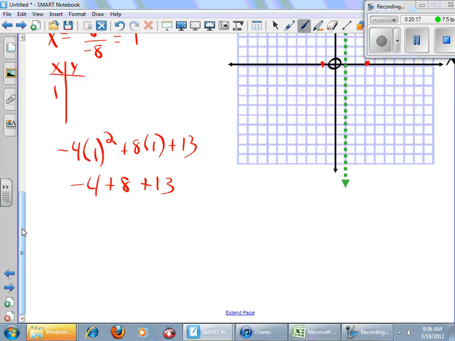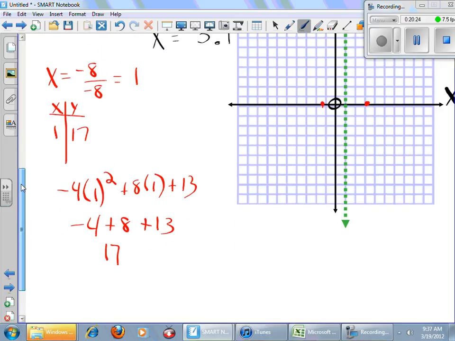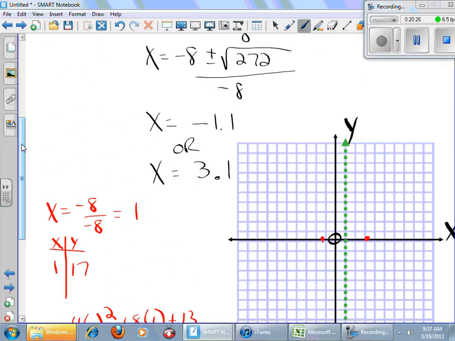Looks like that's going to be 17, right? Okay. So 17. So it's going to be way up here. That's 10. Maybe I can count by twos. That would be 20, 18, so 17 would end up being right here, right? Yeah. So that's going to be 17 right there. Now I can draw my graph.